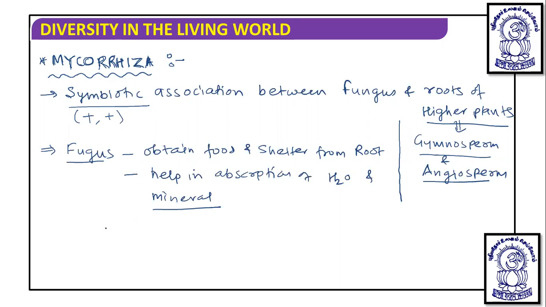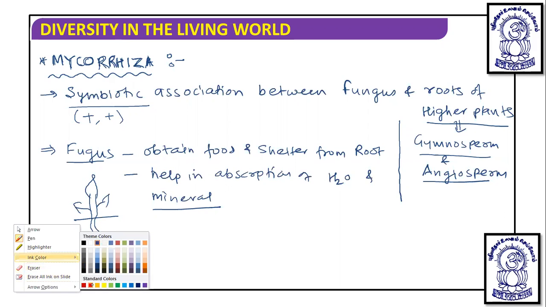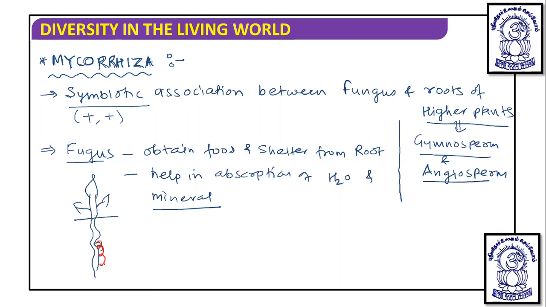Suppose this is a plant and this is a root, and a fungus is growing on this root in association. The fungus will send its hyphae to far regions, and due to this, minerals which are not directly available to the roots of the higher plant are made available by the fungus. In such a way they are in a mutual association.